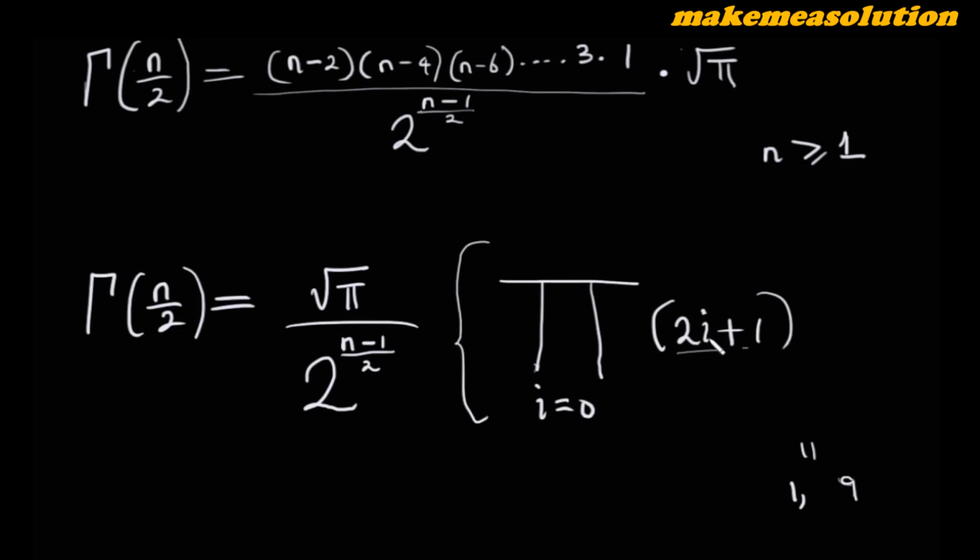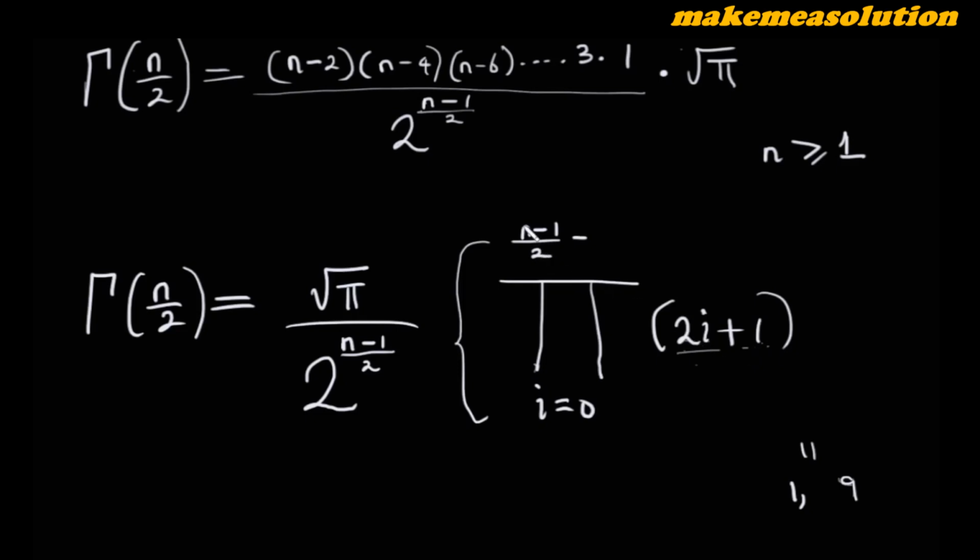So I just have to do n minus 1 all over 2, then minus 1, because in the case of 11 it gives me 5. Since I want to stop at 9, 5 minus 1 gives me 4, and I'm using 4 because 2 times 4 is 8, plus 1 gives 9.